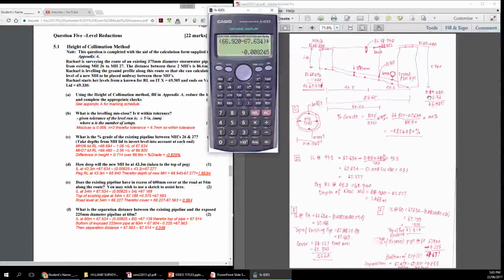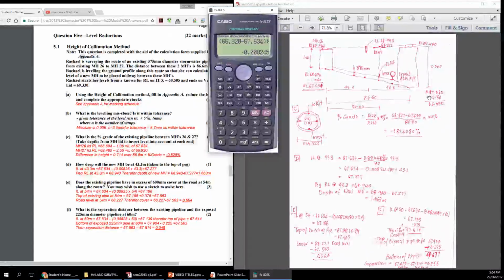Now, if you think about it with the exposed pipe, really, you can only get the top of that. So the top of the exposed pipe is 67.904. And so the invert level would be down 225, which is 67.679.